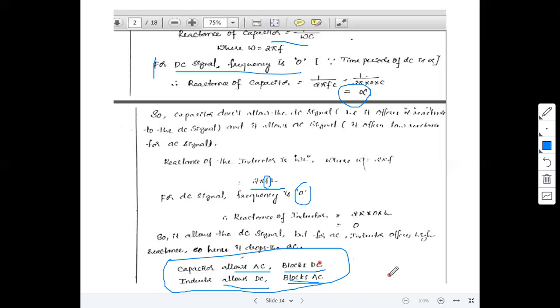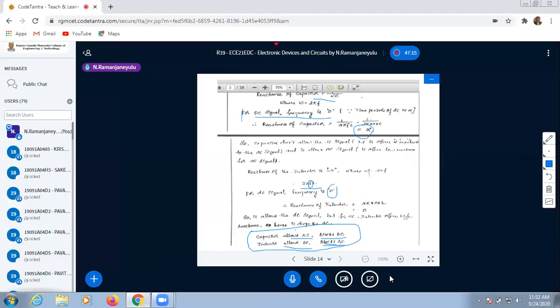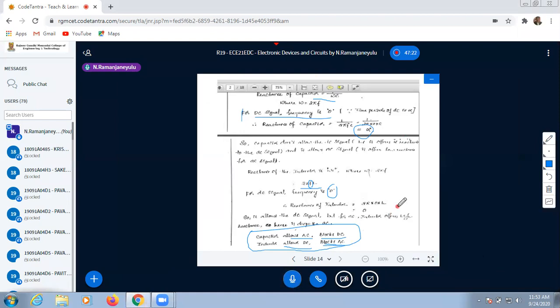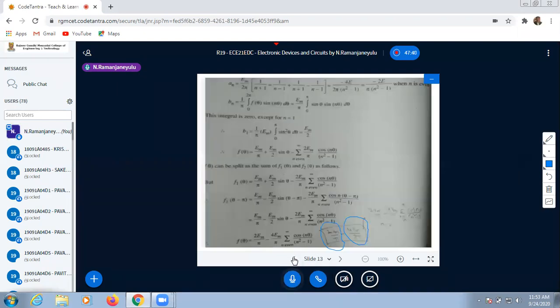Today we completed the bridge rectifier parameters and bridge rectifier problems, and also we entered into the filters topic, and we derived the full wave rectifier output Fourier series. It consists of some AC component as well as DC component, right?